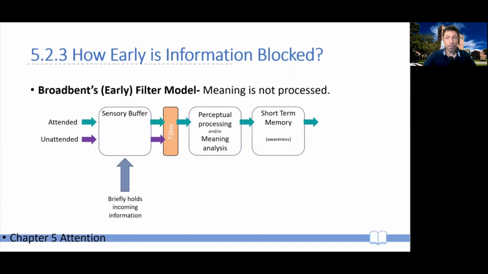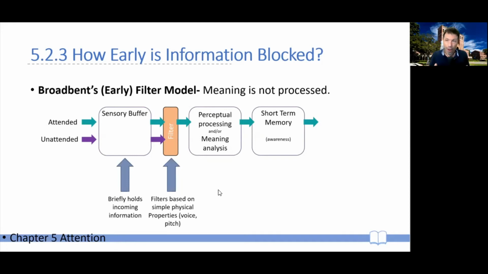Then from here, information gets fed to a filter, and the job of the filter is to decide what to keep and what not to keep. And the filter in this model operates based on simple physical properties, so things such as the voice, the frequency, the pitch.